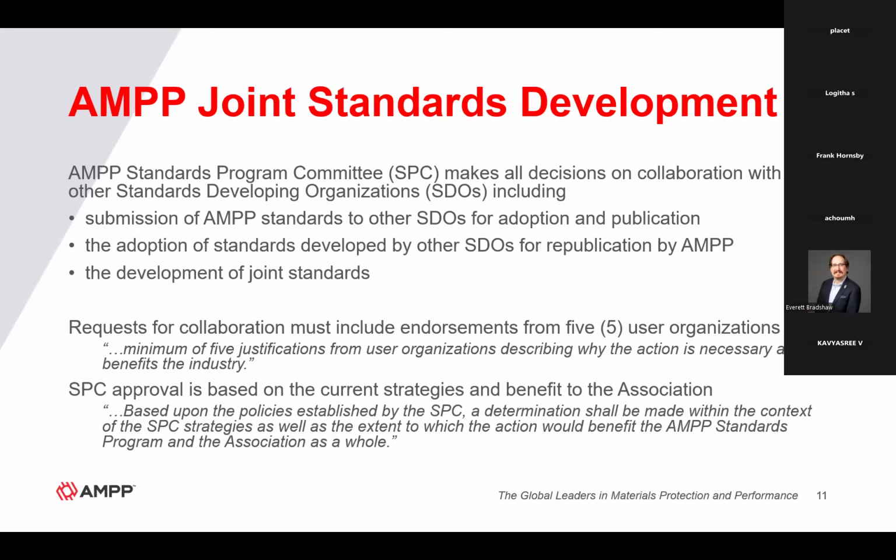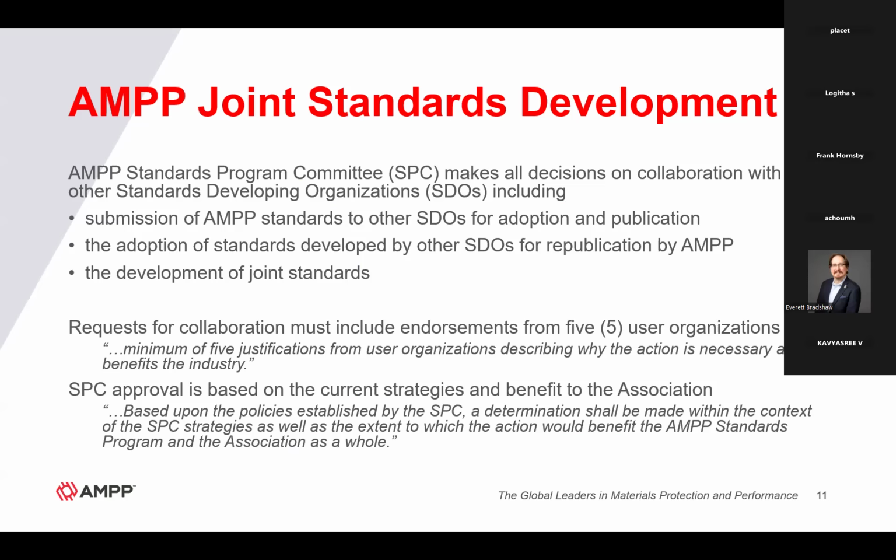So that would be a project where an AMP standard is going to be submitted for adoption and publication to another standards developing organization, or where AMP is going to adopt another standards organization's document that they have created through their process, or in the circumstance where we're going to jointly develop a standard.